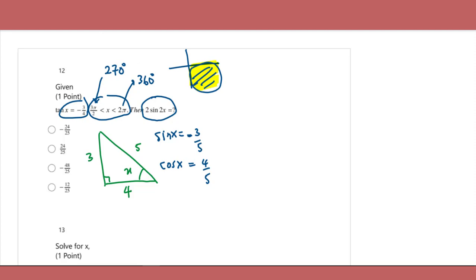Okay, and then to find 2 sine 2x, using the double angle, sine 2x is equal to 2 sine x cos x.